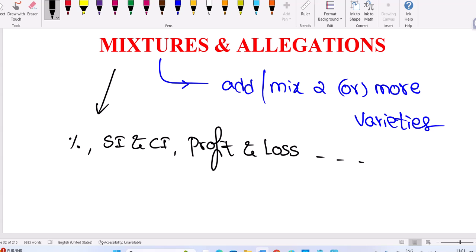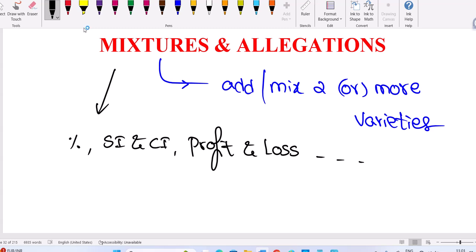It's not equal, right? So you are mixing milk and coffee powder, let us say in a 5:1 ratio. If it is 5 liters of milk, then 1 kg of coffee powder; generally the unit should be the same in ratios. But the parts are not equal. We are mixing in that way to prepare the coffee.